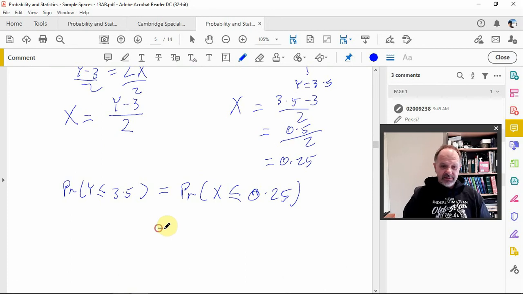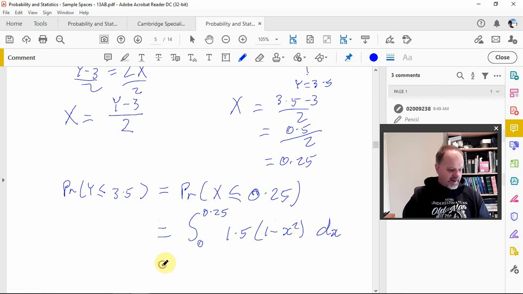That is the integral from, again, the bottom end of the domain, 0, up to 0.25 of 1.5(1 minus x squared) dx. Again, you can do it by hand or on the calculator, and we get 0.3622. All right, so there's that one.